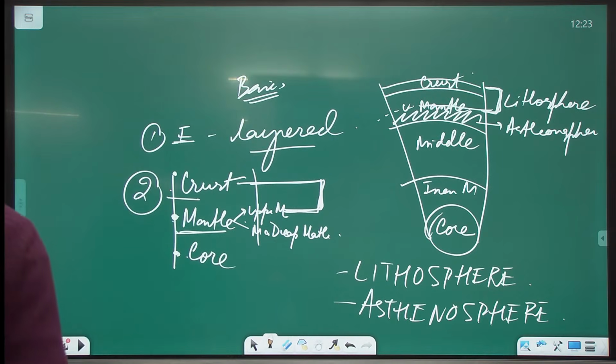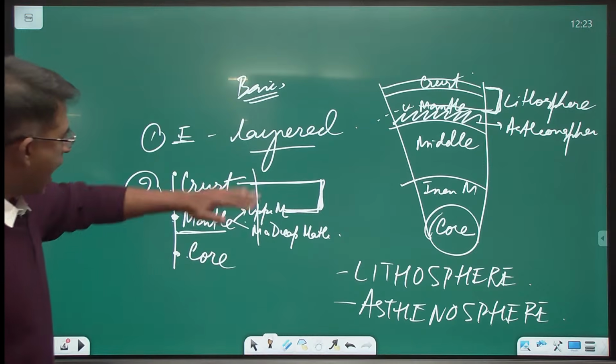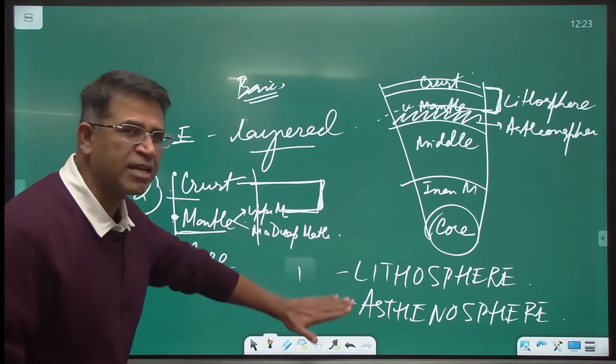Okay. The Earth's layers are divided under different schemes. ये अलग schemes हैं. ये crust, mantle, core एक तरह का scheme है, and the lithosphere, asthenosphere is another type of scheme.